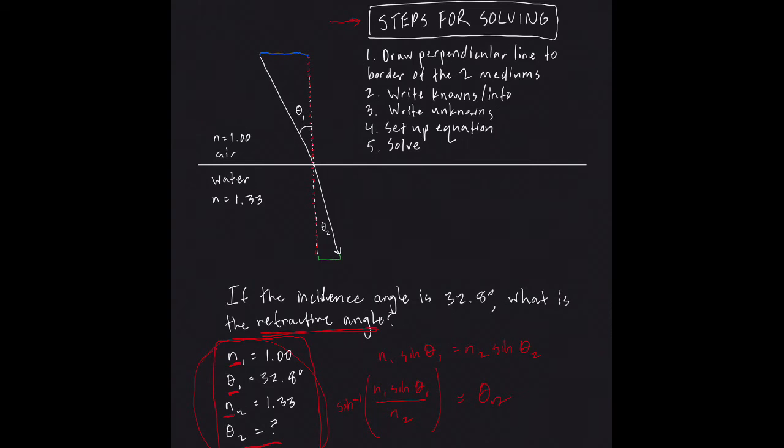And basically you plug and chug your numbers in here, and then you'll get your answer. For simplicity, I won't plug in the numbers and confuse you. As long as you understand that you're usually given three pieces of information and you're solving for the final piece using Snell's law.